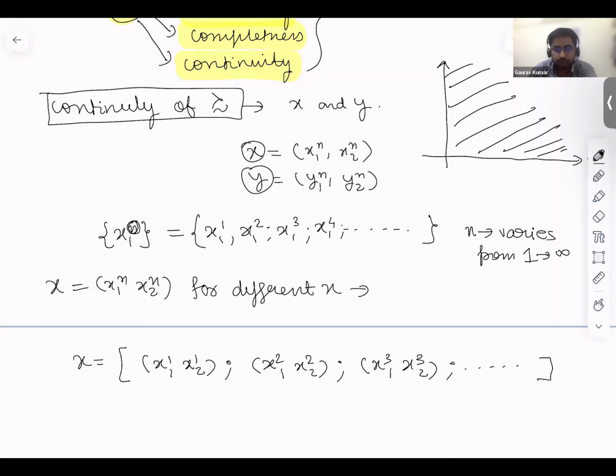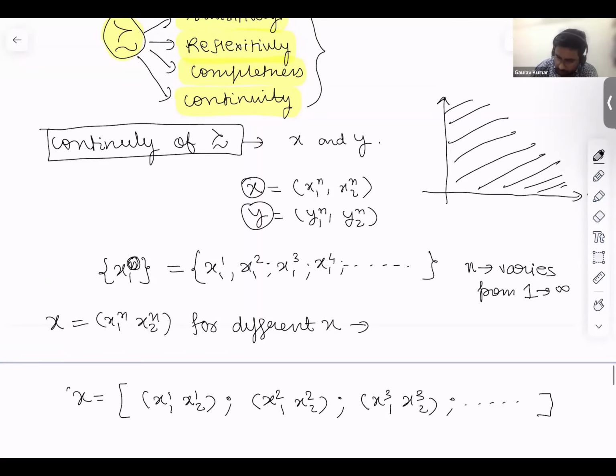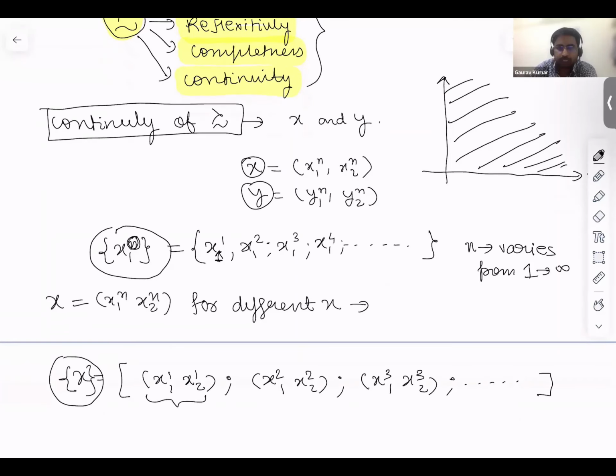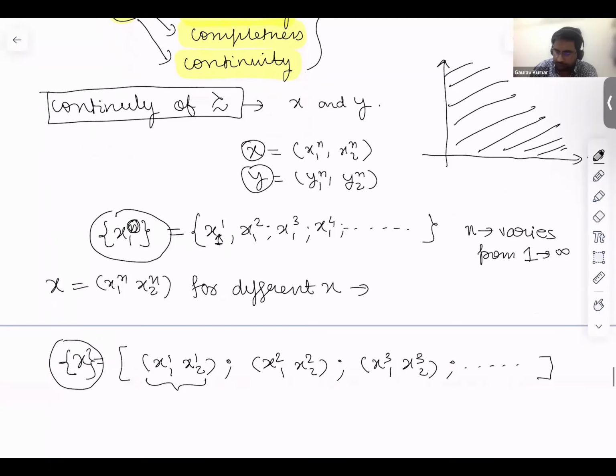This is also a sequence. It differs from the earlier sequence only in that here the terms of the sequence are not one element but a tuple of size 2.